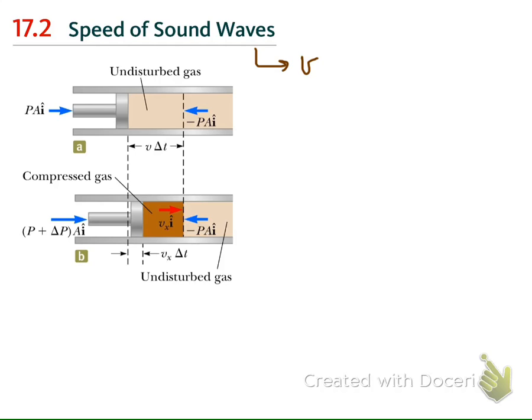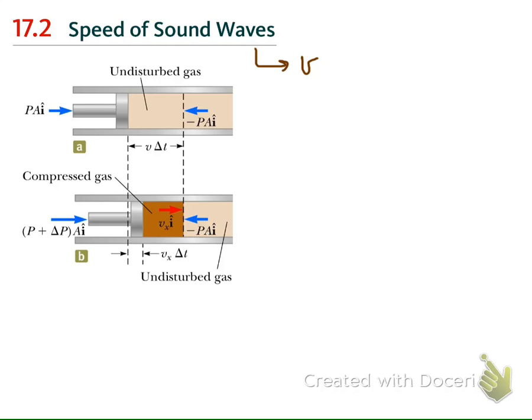It means that the motion of the medium is created from the motion of the piston. So the velocity of the motion of the piston can be very different from the velocity of the sound wave. And in general, from the experiment, we know that the velocity of the sound wave is much larger than the velocity of the disturbance of the source of the sound wave.